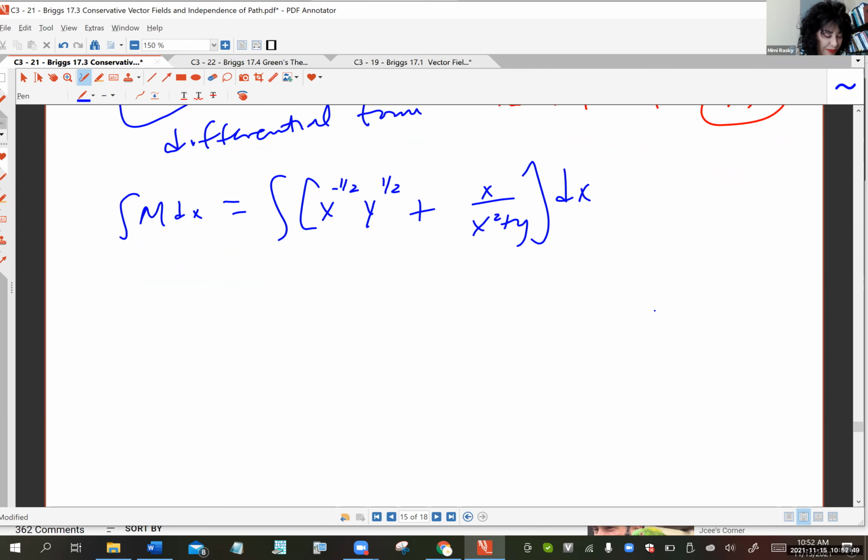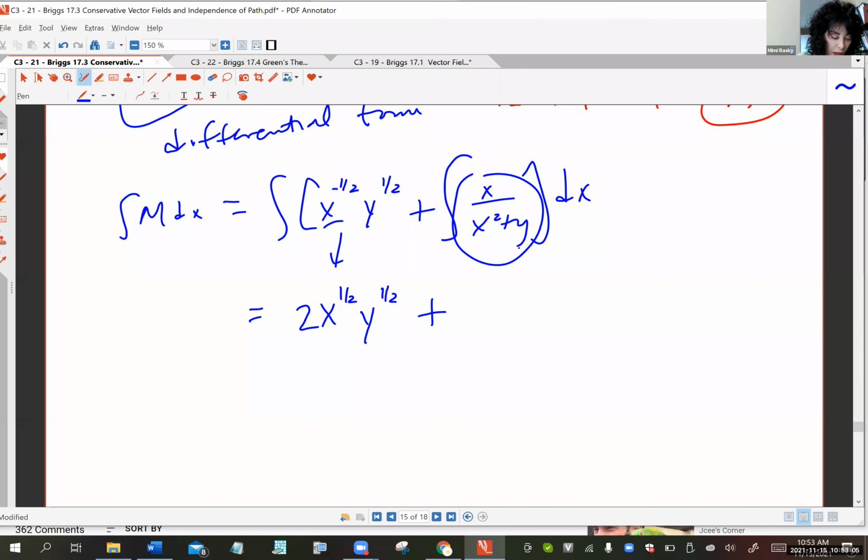The first term, you're just going to use the power rule on the x to the -1/2, and that would be x to the 1/2 divided by 1/2, but that's just multiplying by 2, plus, and then when we integrate this, I claim we're going to use the log rule. We're going to let u be the denominator, x squared plus y, and then du, the derivative of x squared plus y with respect to x, is 2x dx.